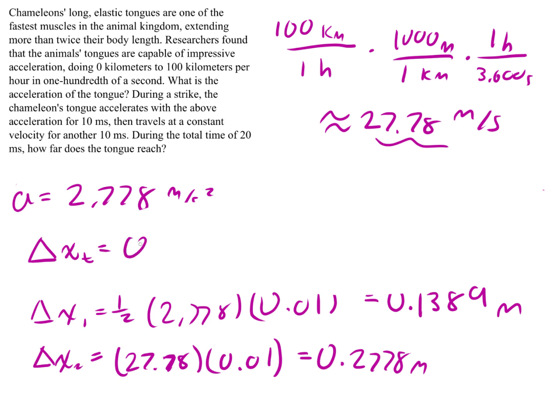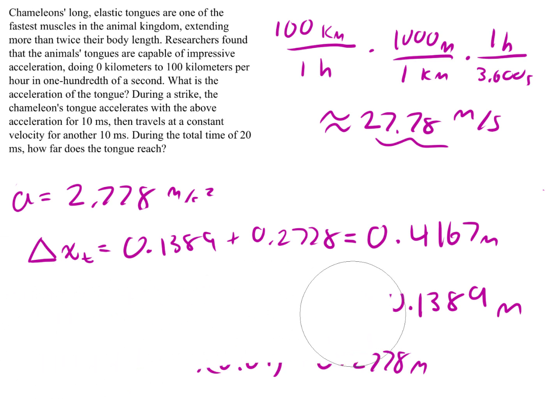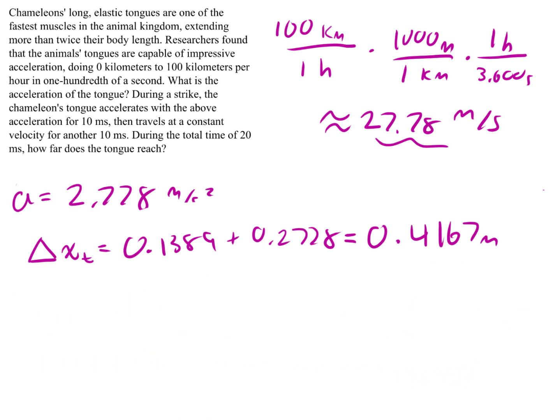That becomes 0.1389 plus 0.2778. And this gives you the final displacement of 0.4167 meters. I'm not going to round this for now, and this is the displacement during the total time of 20 milliseconds. And that is how you would solve this problem.